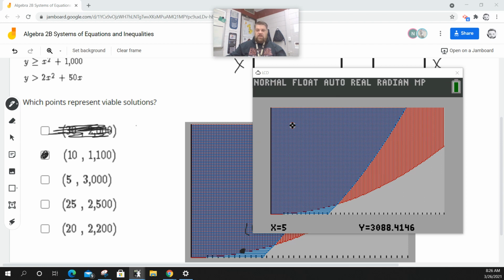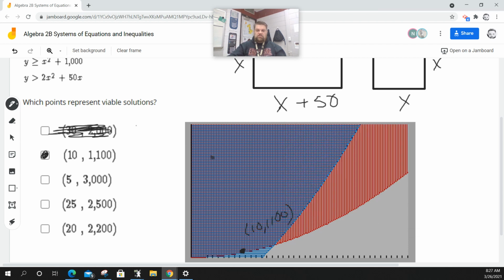If I scroll up to 3000, as you can see, that's in both of the overlaps. So that's 5, comma 3000. That one works because it's in the blue and the red.